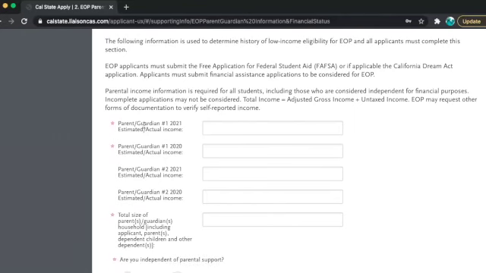So, parent guardian number 1, I already said that this is my dad. Their estimated income for 2021. So if we're estimating that my dad is going to have the same job, and considering he has for over 10 years, I'm going to put in what he's always gotten. In this case, let's pretend it's $15,000.